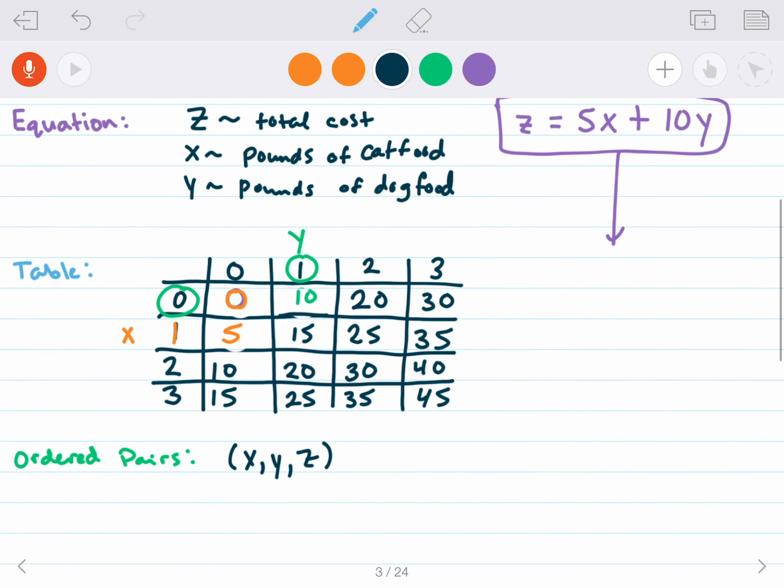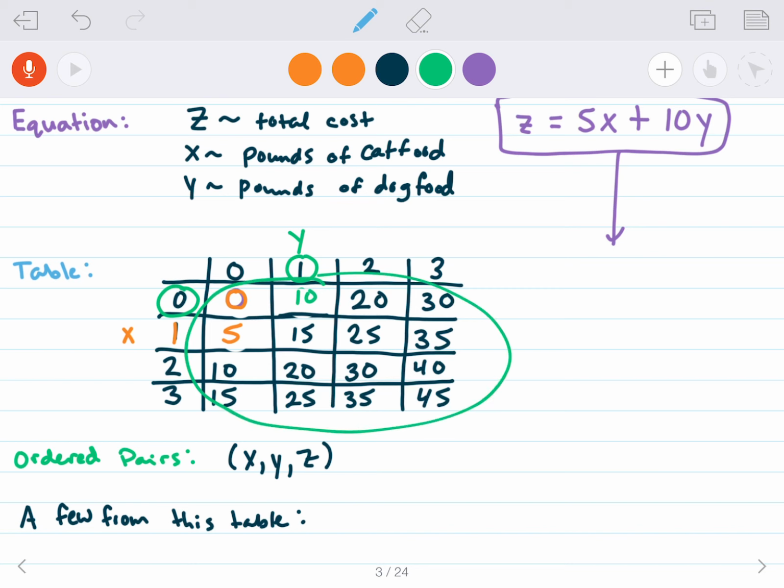And so what we can do is I can just list a few of them, a few from this table. Everything in the boxes, all of these, are our outputs.